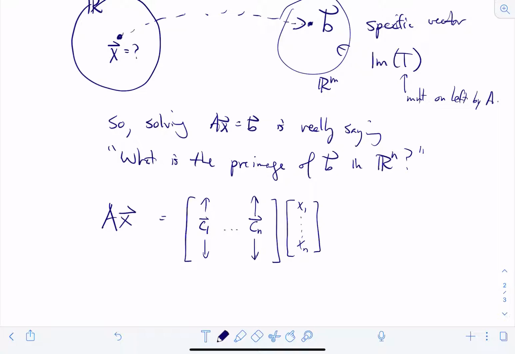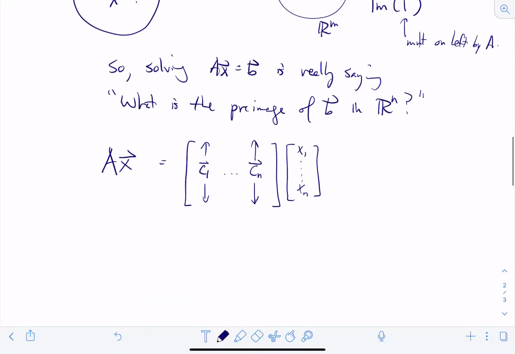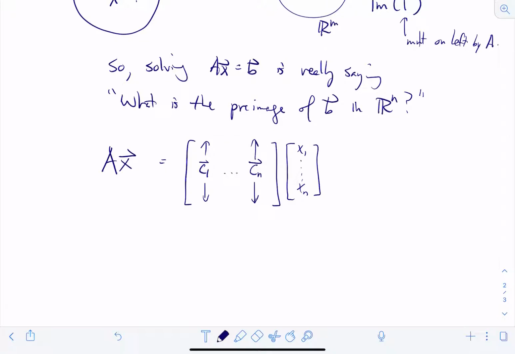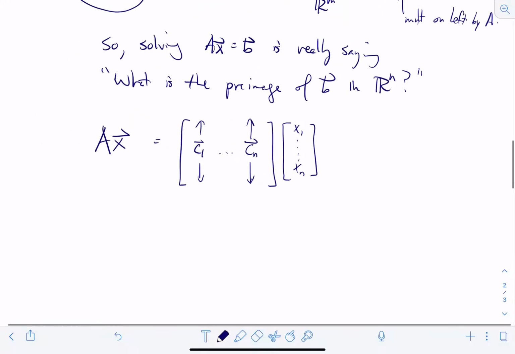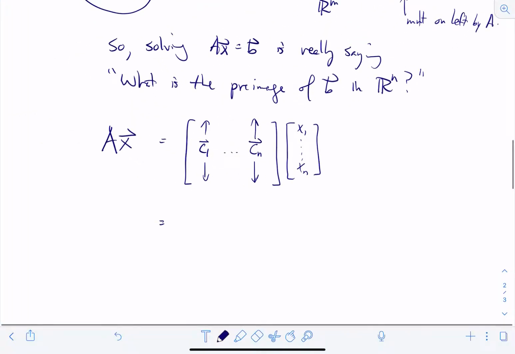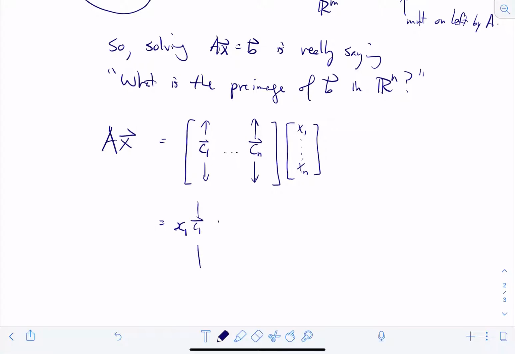And we know how to do matrix multiplication. So how does matrix multiplication work? You multiply the first column by x1, plus you get the second column, c2, you multiply that by x2, and so on and so forth, plus xn multiplied by cn, like this, right?